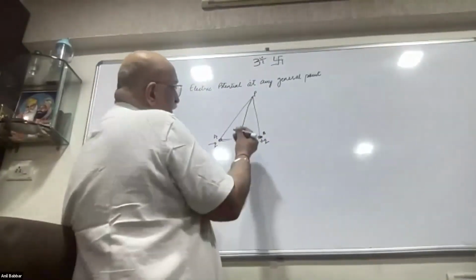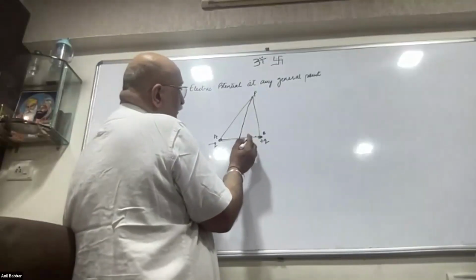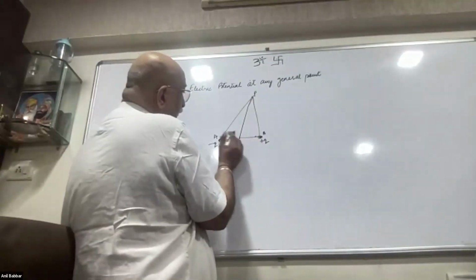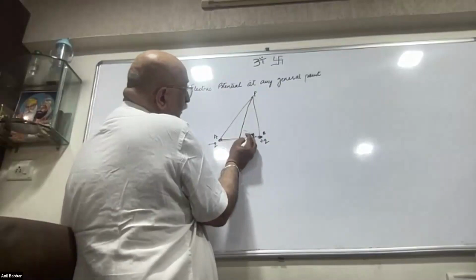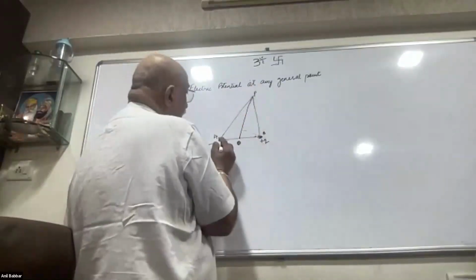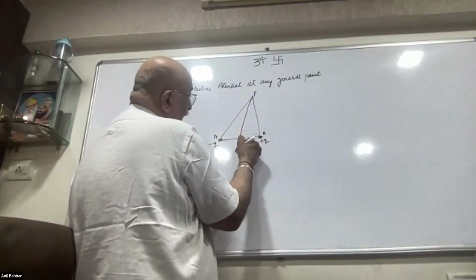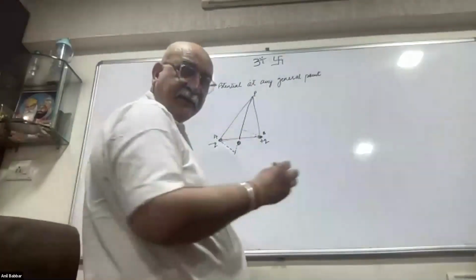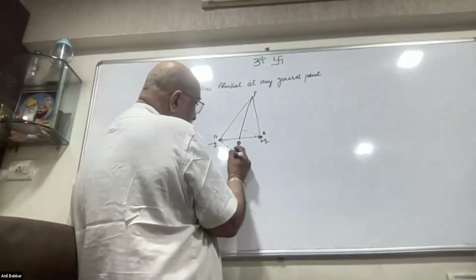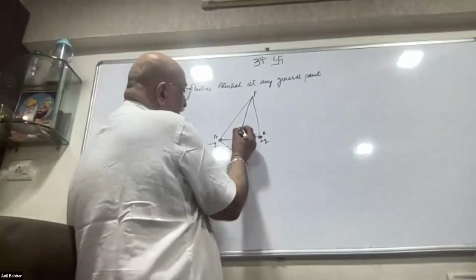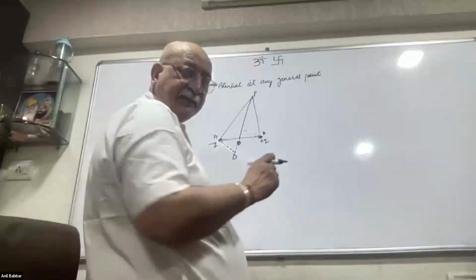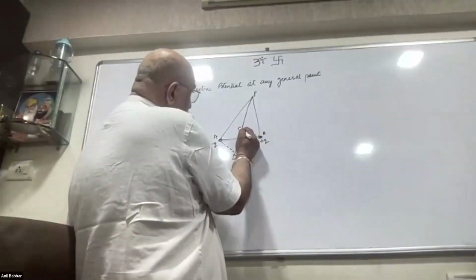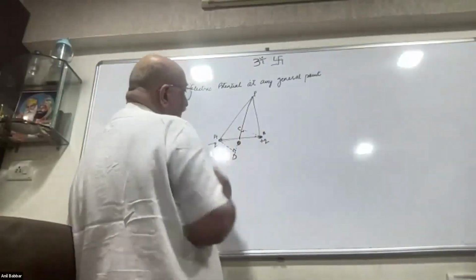Now, what we'll do, we'll draw a perpendicular from B to this OP and extend this line till here. And we'll draw another point, say this is D, fine, this is D. And let this point we say C, a perpendicular we have drawn this.